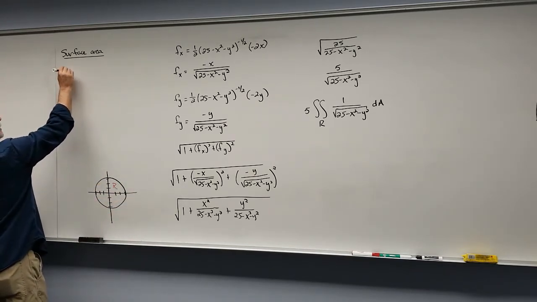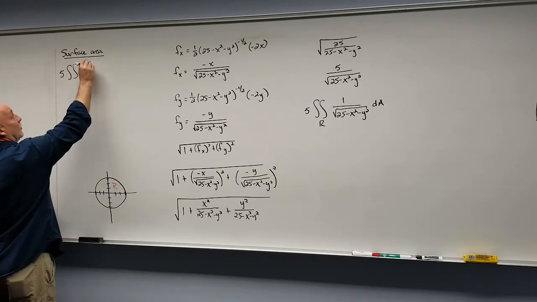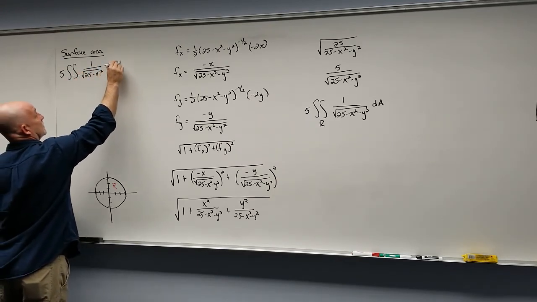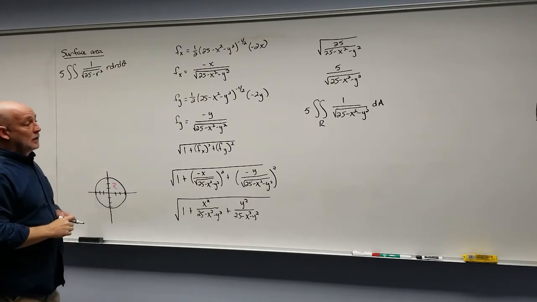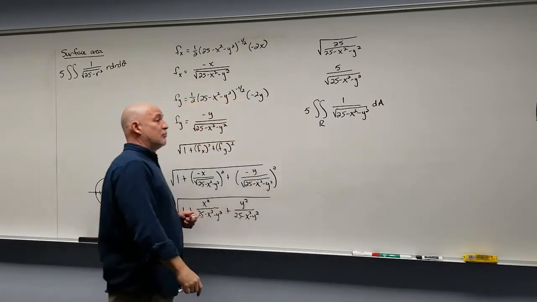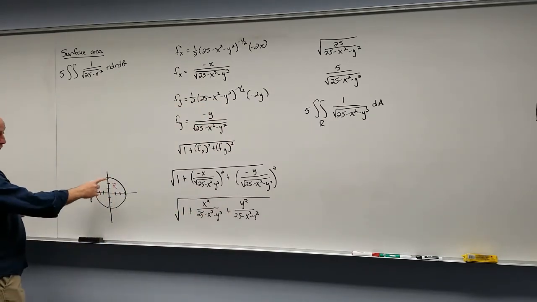So let's do 5 double integral over our region. Now if I convert this to polar, this is going to be the square root of 25 minus r squared. And dA in polar is r dr d theta. So what are the bounds for the region here?